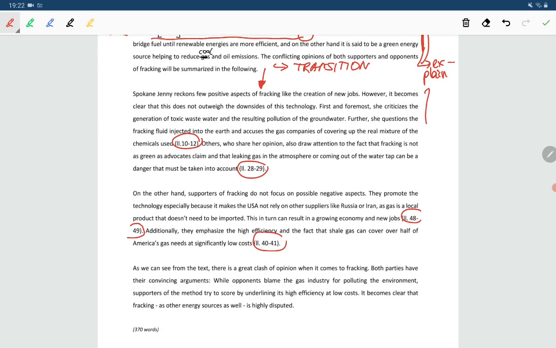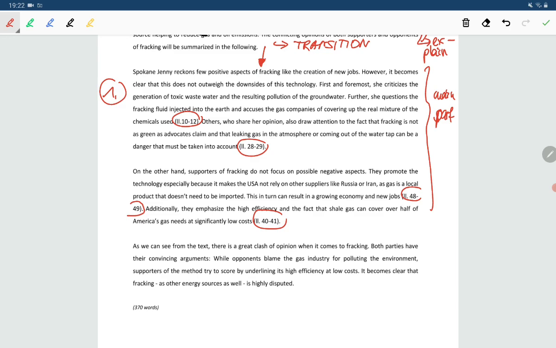Now, as you can see, your main part should also be structured. You can start out with one side. This is Jenny's opinion and the opinion of the people who agree with her, and this is the other side. On the other hand, so this is the opinion of supporters of fracking.